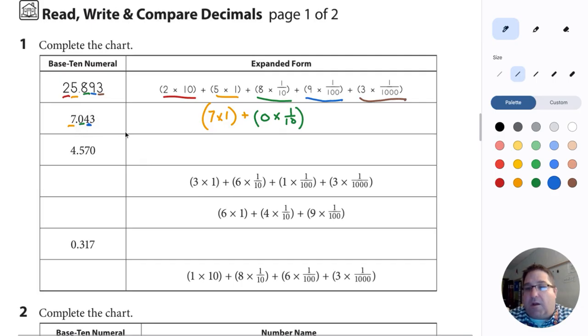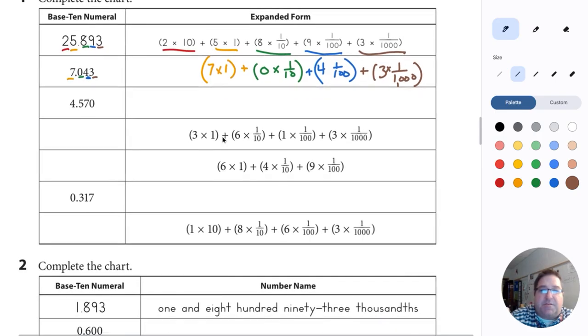We got 4 hundredths. So it's going to be 4 times 100th. And then finally, we have 3 times 1,000th again. 3 thousandths. So all we're doing is thinking about what each number represents on that decimal.